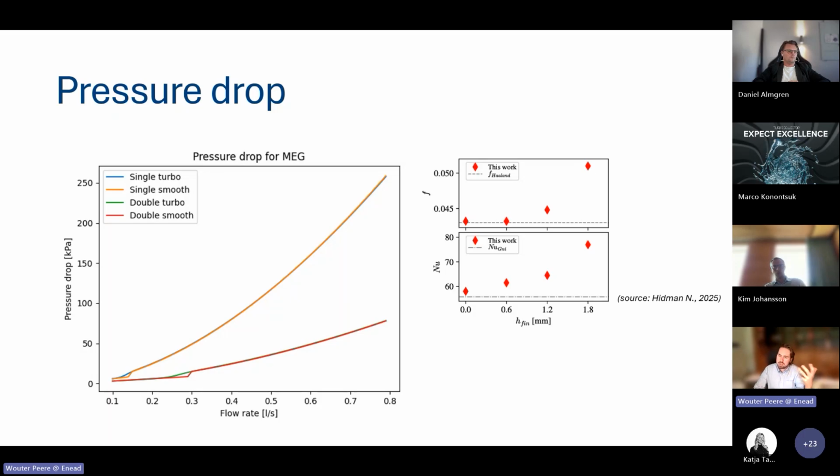So the pressure drop increases also dramatically, but with very small fin sizes, there was actually only an improved thermal side, but not so much a worse hydraulic behavior, which is exactly where the TurboCollector, the product itself, was designed. So this was, in a nutshell, a summary of the article by Nicholas Hittman, and I give the floor back to Daniel or Kim.